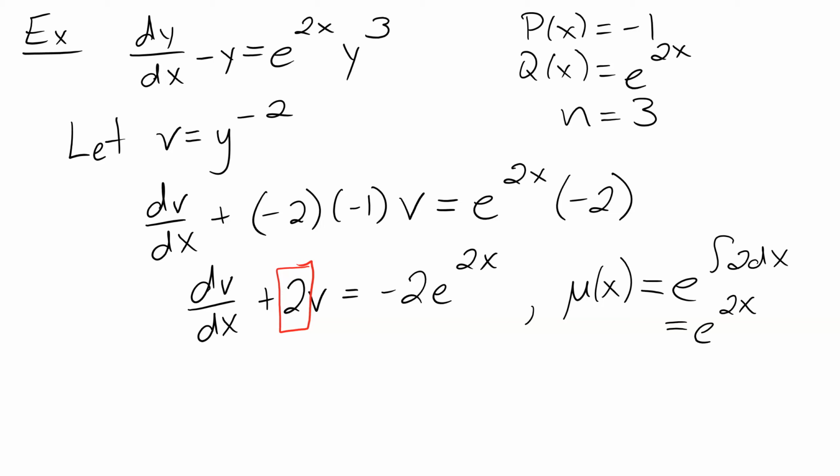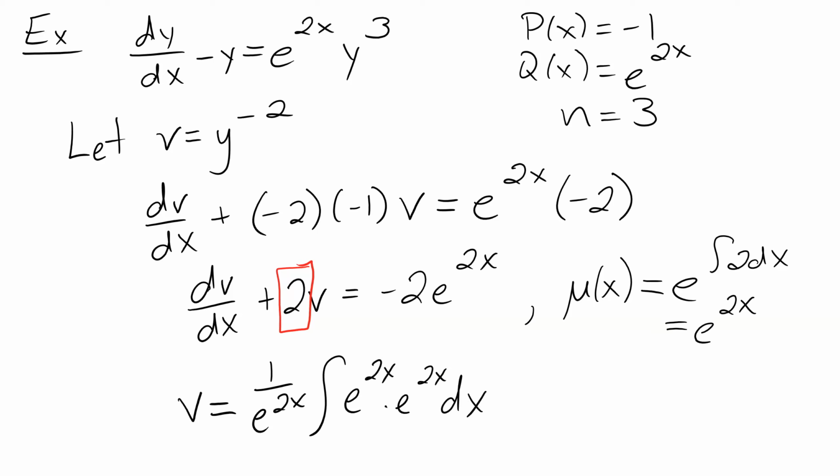Then for linear, I have y equals, but that will be v equals here. v equals 1 over mu, so 1 over e to the 2x, times the integral of mu times q. And I'm going to write that as e to the -2x times the integral of e to the 4x, and that's 1/4 e to the 4x plus c.